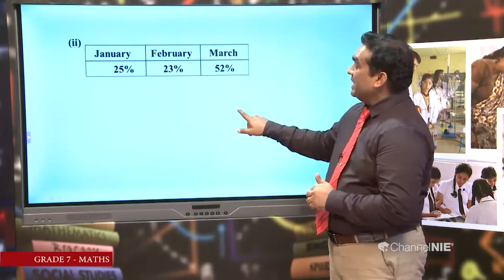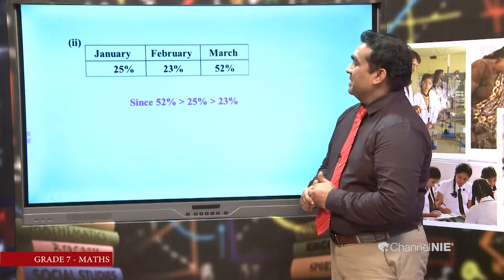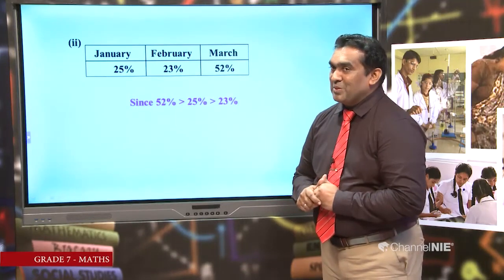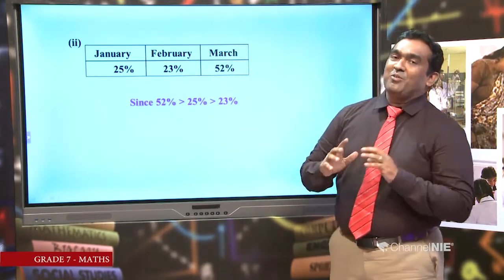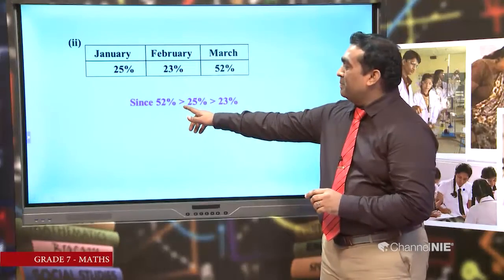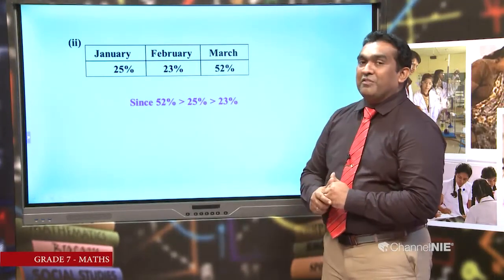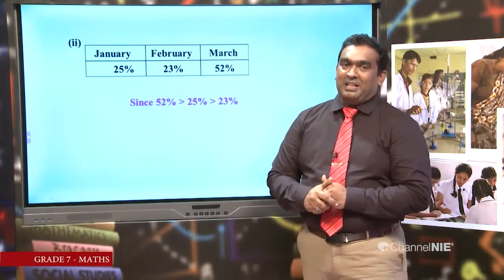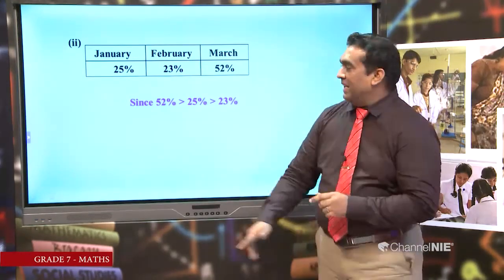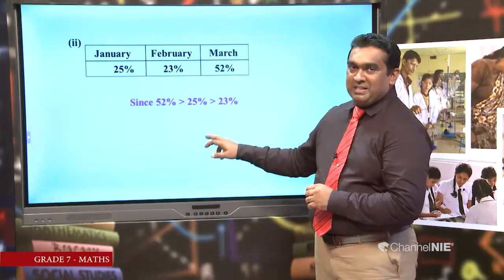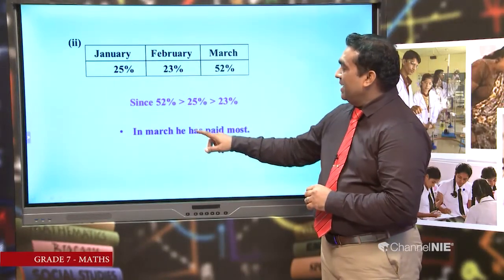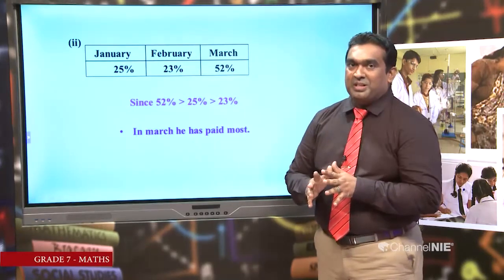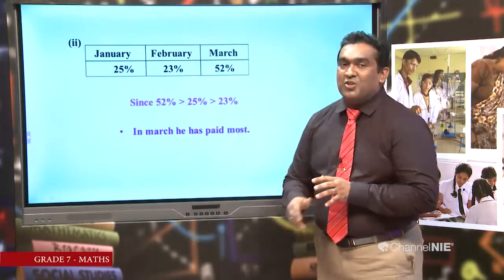Now we will see, considering the numerical values, we can say that 52% is greater than 25% is greater than 23%. Therefore, what is the highest percentage? 52%, right? In March, he has paid most according to this illustration.